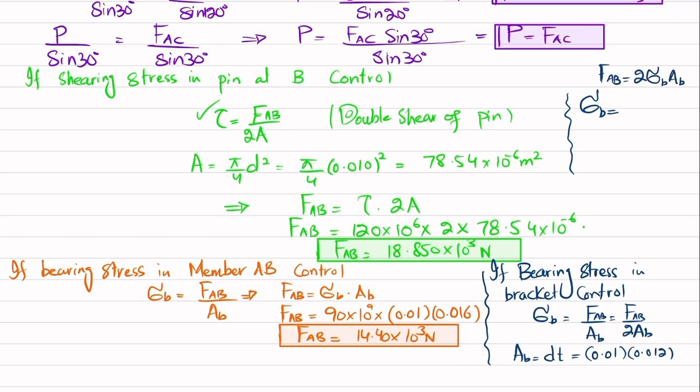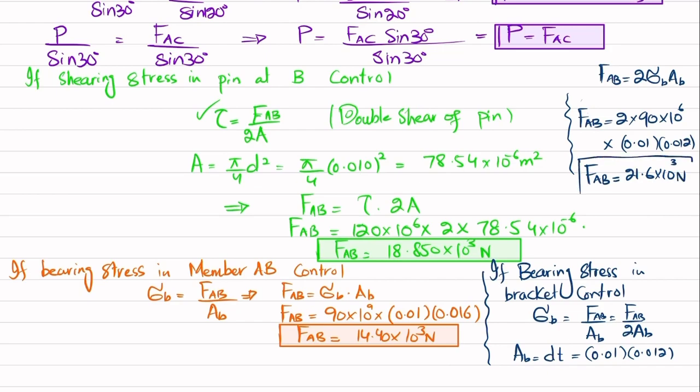So you can just put the values of sigma B: FAB will be equal to 2 times 90 into 10 raised to power 6 and AB is 0.01 multiplied by 0.012. When you solve this, you will get FAB equal to 21.6 into 10 raised to power 3 Newton. Now this is the force that is produced in brackets.